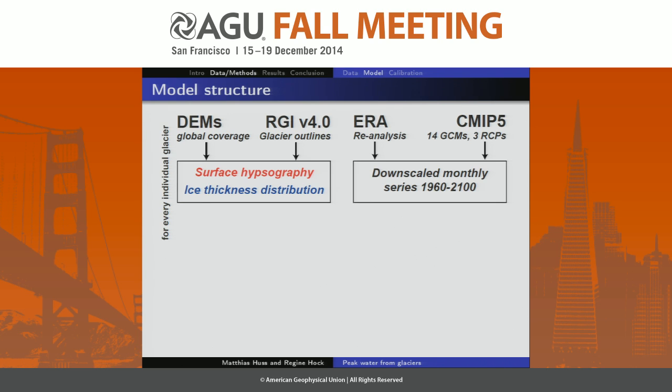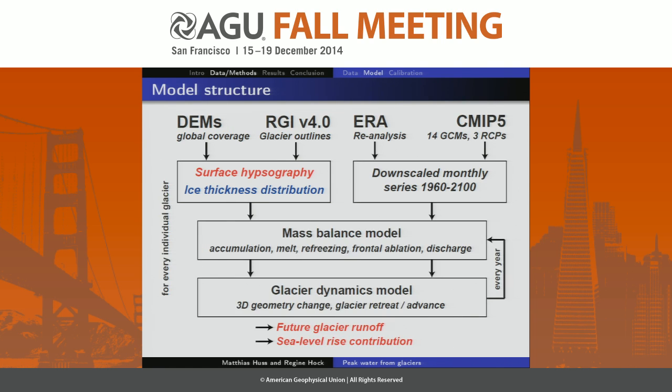In total, we use 14 GCMs that are driven with 3 different representative concentration pathways, so 3 different emission scenarios. This then goes into a mass balance model which calculates accumulation distribution for every individual glacier. We calculate melt using a degree-day approach as well as an energy balance approach. I will come back to that.